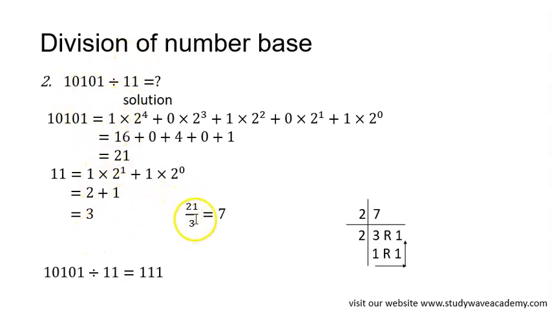Then you divide it. When you are done dividing, you change back to the base it should be in. Okay, when you change back to the base it should be in, you'll get your answer. Do you understand? So I'm sure using this method or the long division method, you are going to be able to divide other number bases, right? You can do that.